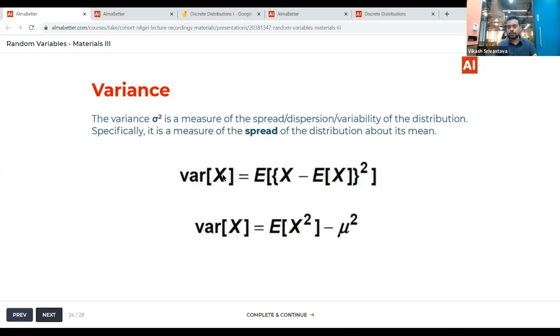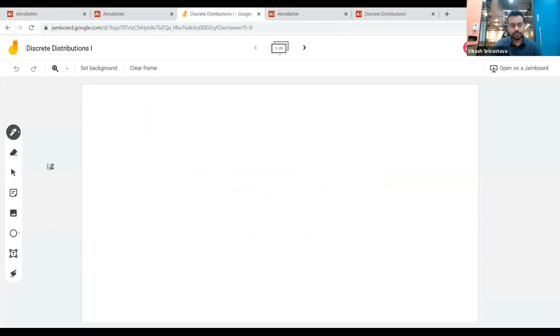This is of course a qualitative definition, but how do we actually measure the spread? Variance of x can be simply written as the expectation of (x minus mu) whole squared.